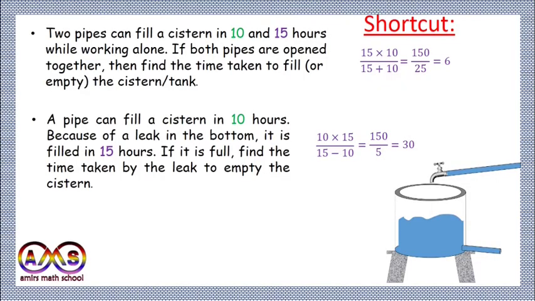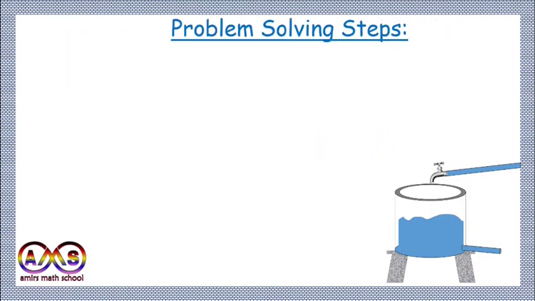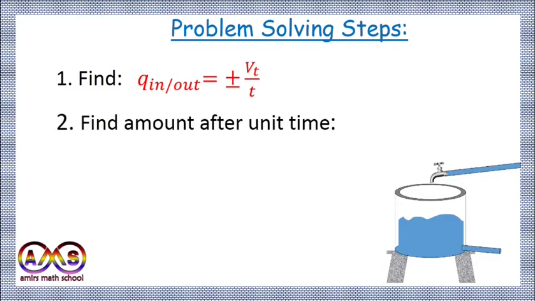Now the problem solving steps. That is, how can we solve this type of problem? Number one, find Q in or out, which is equal to plus minus Vt divided by T. Number 2, find the amount after unit time, that is Q in minus Q out.